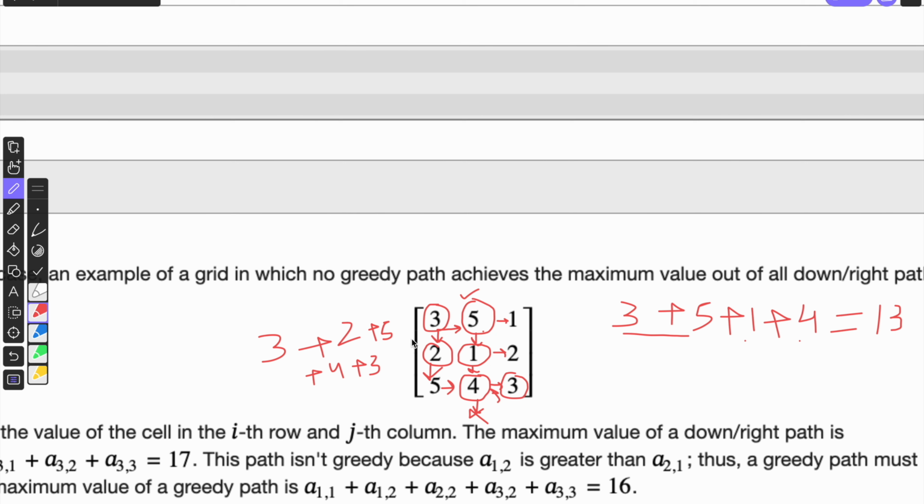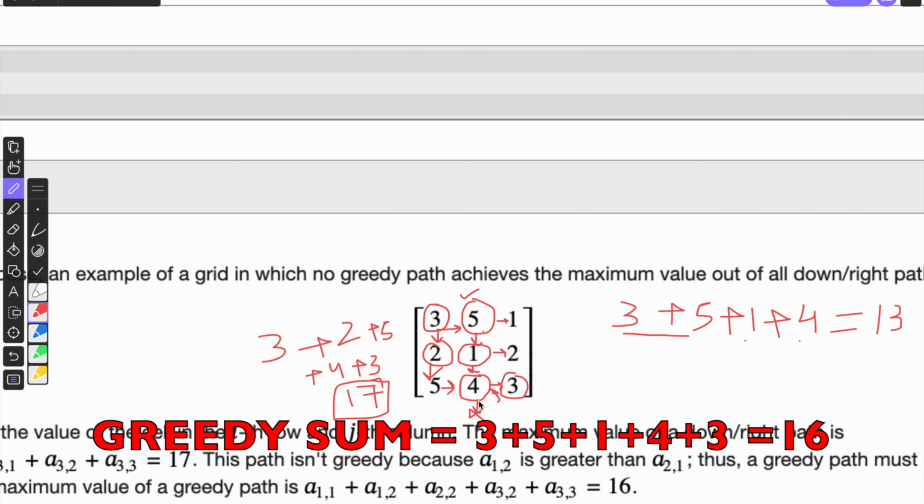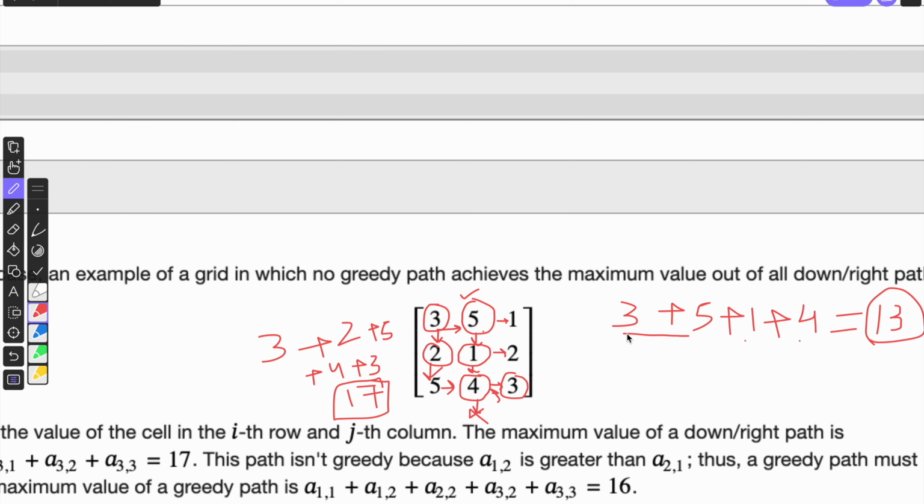So if we add all this, we get 17 as the answer, right? But if we were moving greedily, it gave us the answer as 13, while the optimal answer is 17. So yes, there exists a 2D array in which the answer is not optimal. The answer is not the maximum answer.